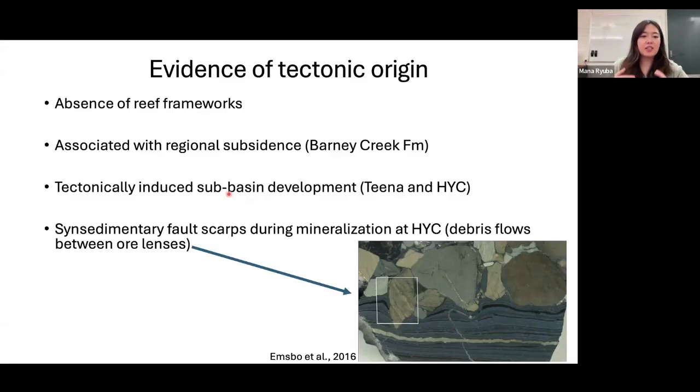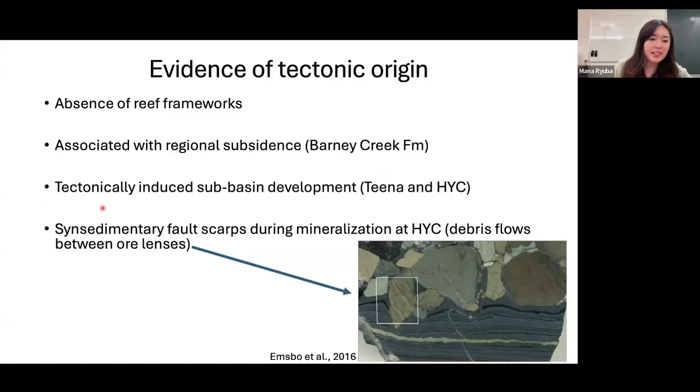And I guess tectonically induced subbasins have been a prevalent part in the models for the Teena and the HYC. This subbasin idea came up through trying to describe the Barney Creek Formation being at different thicknesses regionally.